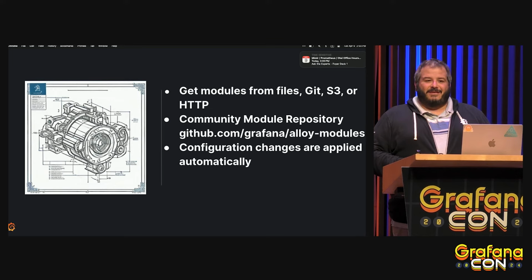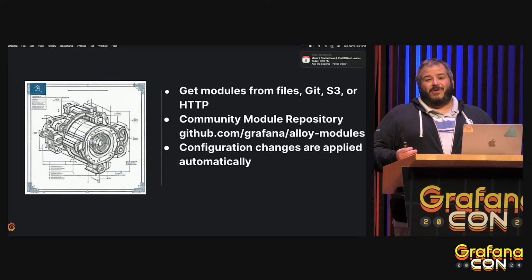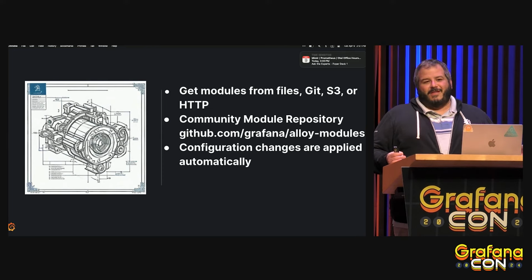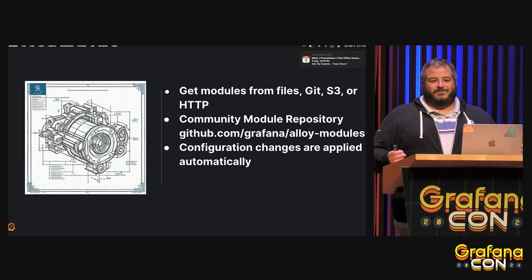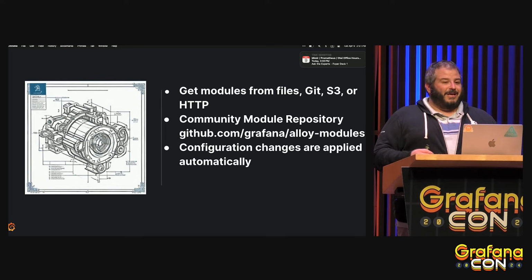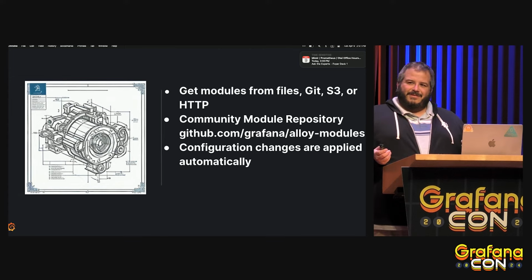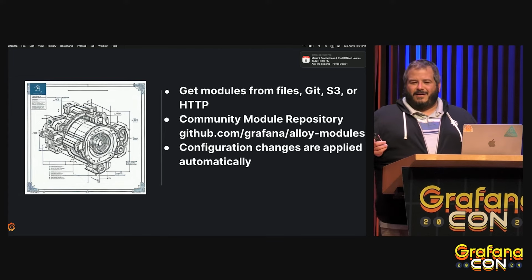Now we're taking the best modules that we've developed through Agent, which had a similar feature, and we're putting them in a community repo that we invite you to take a look at, use, and add your own. We really want this to be driven by the community, by your needs. You all deal with the telemetry data more than we do. So definitely take a look at that URL and get back to us. And again, the updates are applied automatically, which we'll come here in a bit and see how that actually functions.